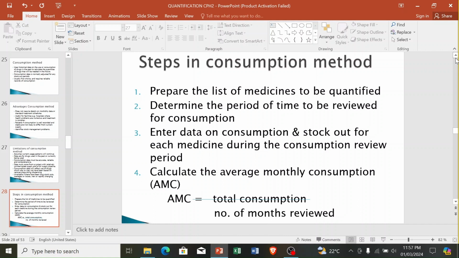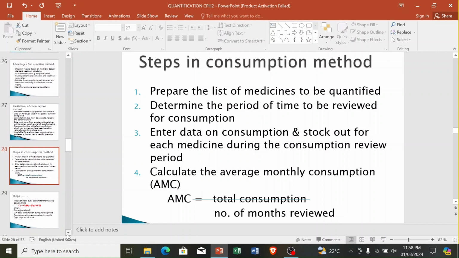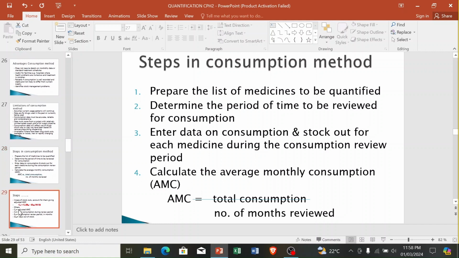If we have reviewed for 4 months, you indicate the total consumption divided by the 4 months. That is average monthly consumption. As simple as that. You need that as your step 4. Without average monthly consumption, you may not be in a position to appropriately use the consumption method. So we continue with our steps.